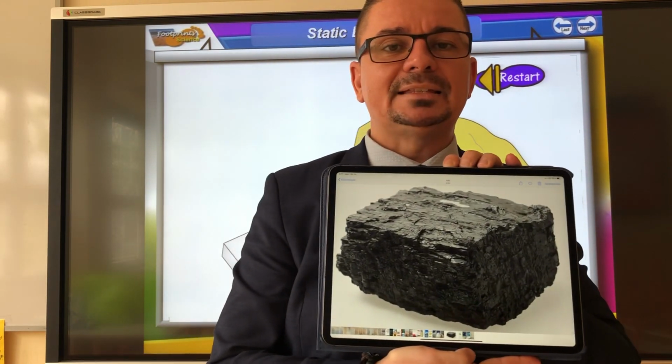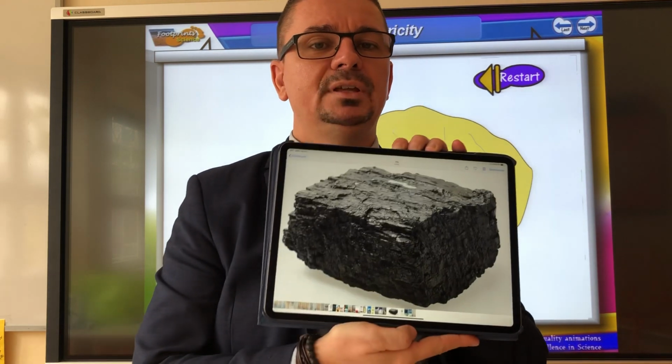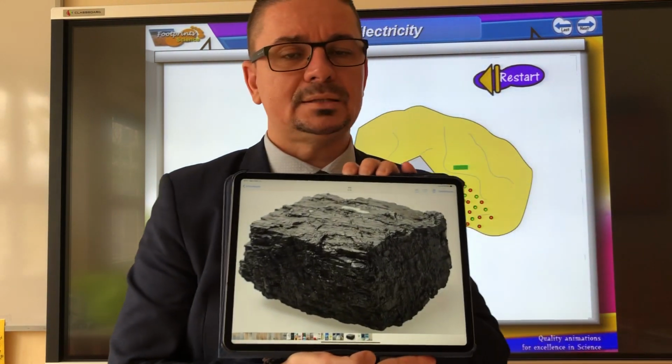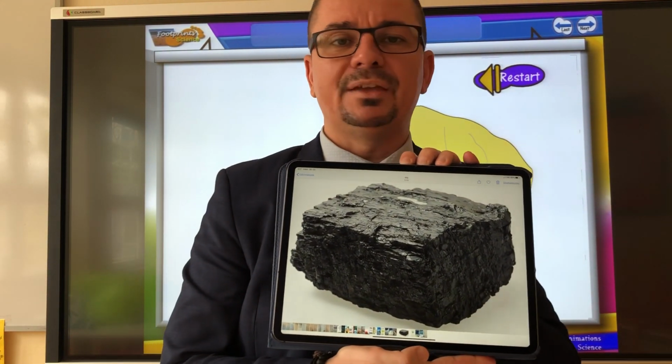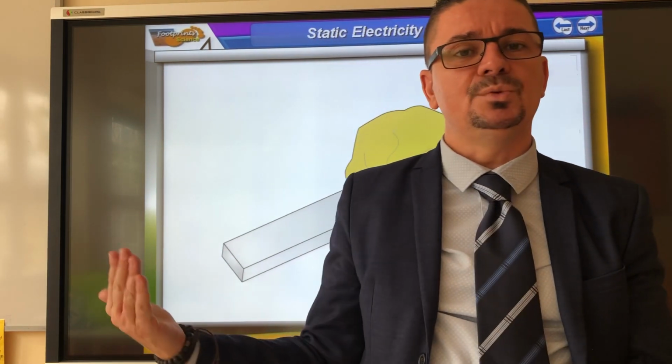If coal is not that old, you can still see pieces of tree trunks and branches and other fossil parts in this material, in this resource. So this way, basically, we use again the sun's energy in these materials as well.